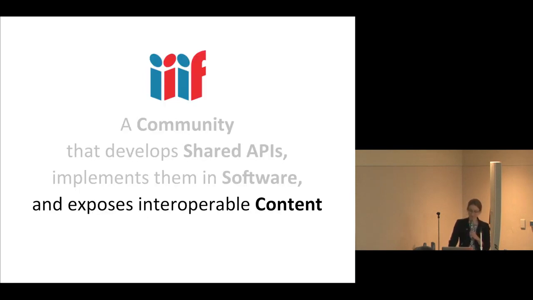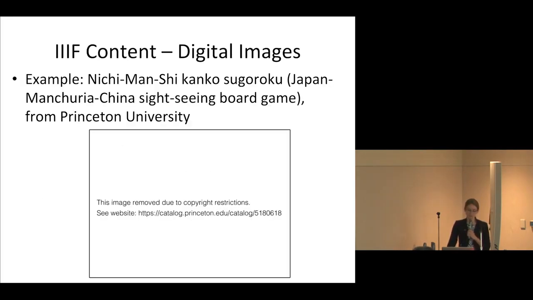And you saw some of the kinds of content that we're exposing through IIIF, but just a few more samples. Basically, the content is any kind of digital images. This image is just an example. It's a fun board game from Princeton University.